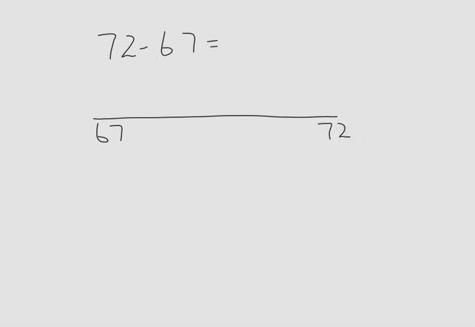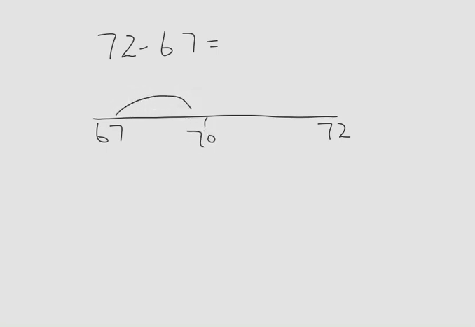Let me do another example. I think this is an easy method to solve the questions. Suppose 72 minus 67. Again draw a line, write the smallest number here and the biggest number at the end. Convert this 67 into 70.